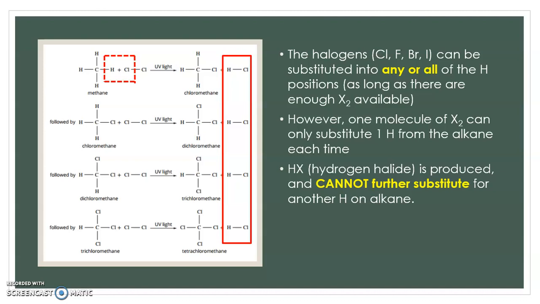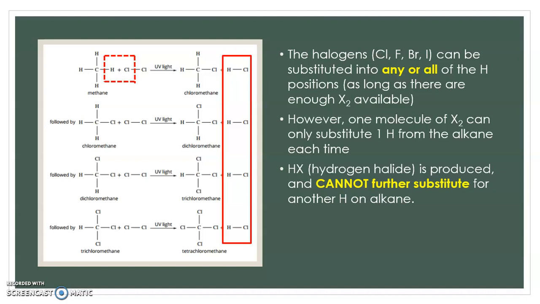But if you have 1 mole of methane and more than 1 mole of chlorine, let's say 1.5 moles of chlorine, then your products will have a mixture of chloromethane and dichloromethane. So the dichloromethane is the product of the reaction of chloromethane and the excess chlorine gas in the reaction mixture.